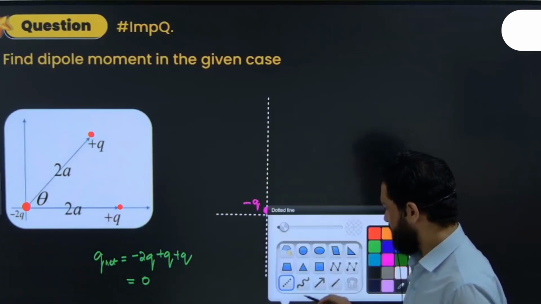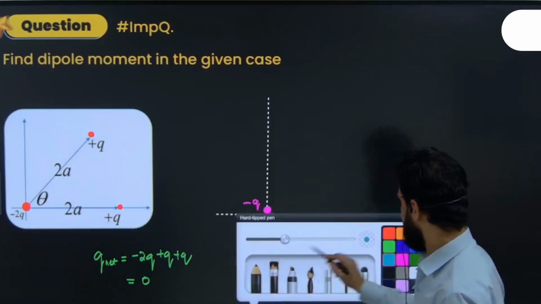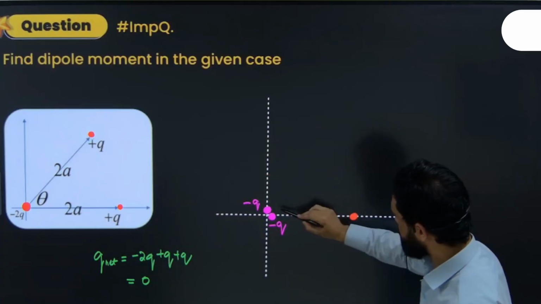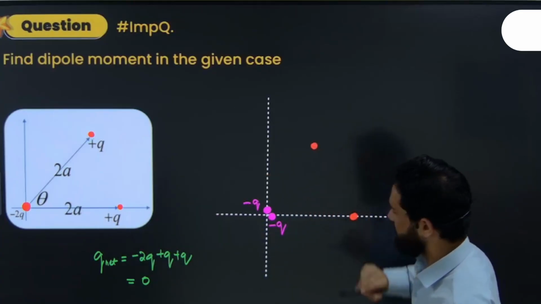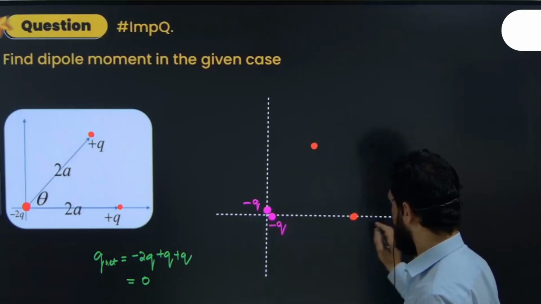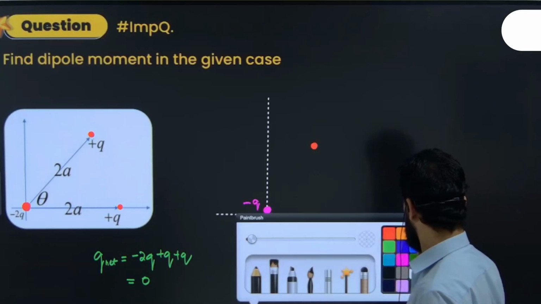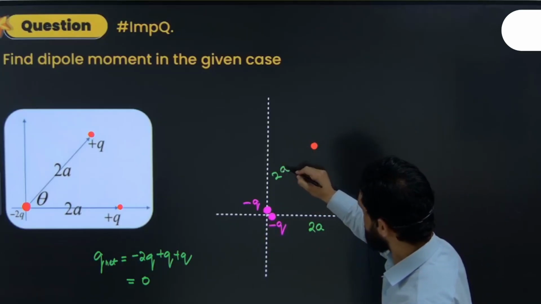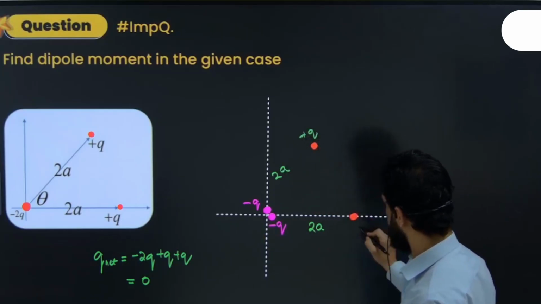Now after this we have one positive charge at a distance 2a. We have one more positive charge at a distance 2a. Clear? So the dipole length is now 2a, this is also 2a, and this is plus q, and this is also plus q.